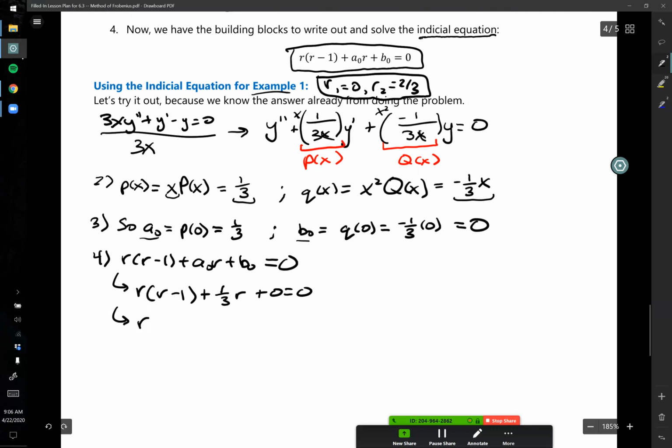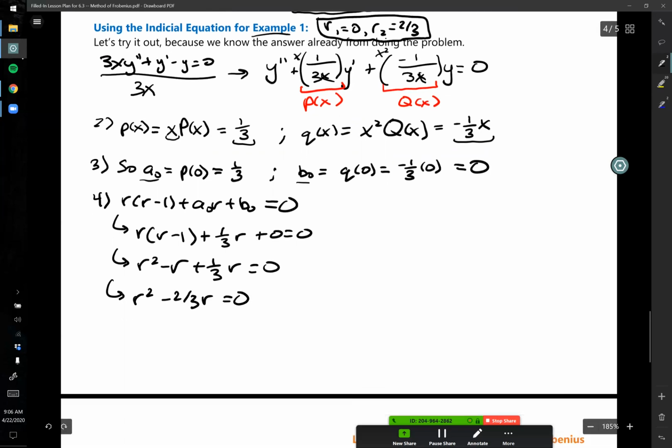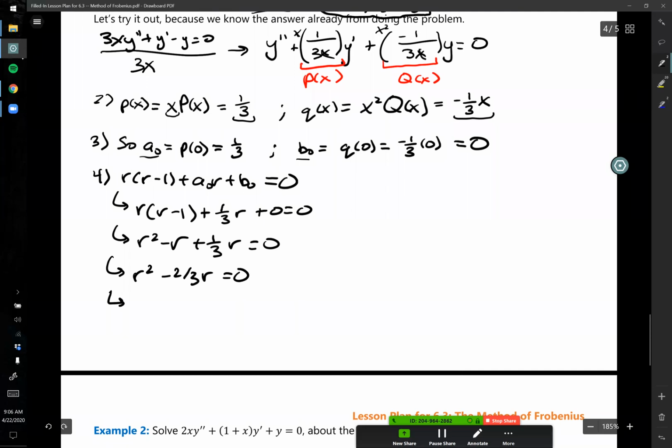And then you just solve it. You get r squared minus r plus 1/3 r is equal to 0. You get r squared minus 2/3 r. And then if you solve it, you get r times r minus 2/3. And so you get r1 is equal to 0, and r2 is equal to 2/3.